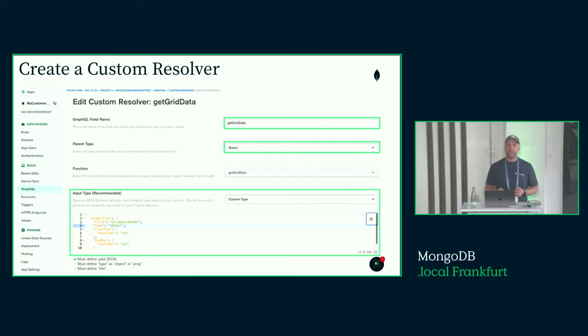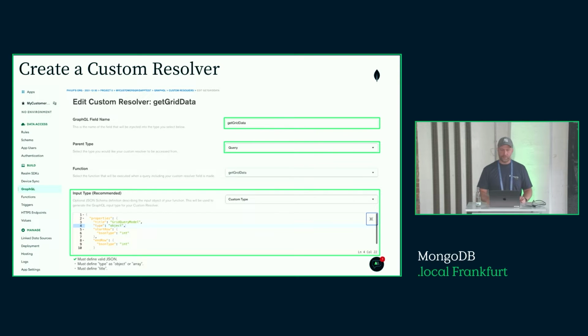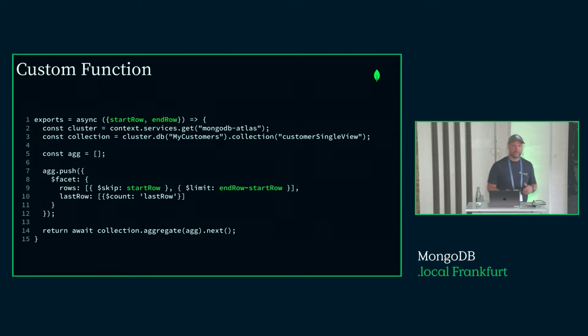And then you need to define a JSON schema for the input. In this case, we expect to have two integers coming in, start row and end row. And then you can hand that over to a custom written JavaScript function. And I will quickly show you how complex this JavaScript function will be. It looks like this. So 15 lines of code needed.